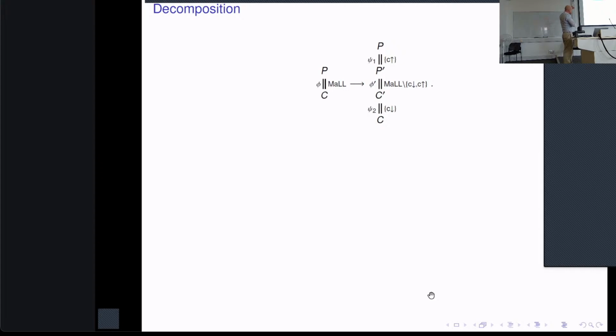What I want to do is something like I described a minute ago: take all of the non-linear things, there's only one non-linear rule, and push it all the way so all the contractions are at the bottom. The thing is that when you contract through a cut, you create a contraction going up, an upwards contraction. It's the dual of that rule. Okay, so what's the dual of that rule like?